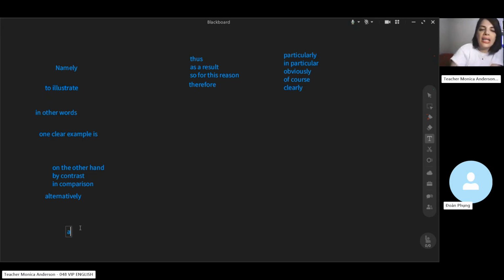But teacher, it doesn't mean the other hand. It just means what more? I think it means we have another alternative. On the other hand means we talk about the different side of this.